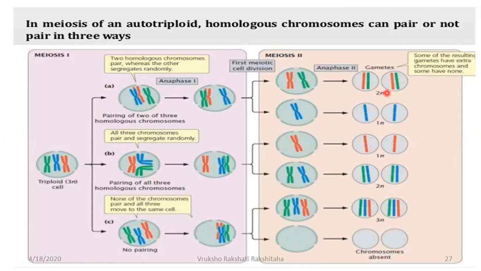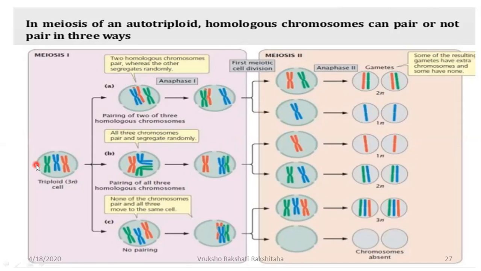That is, these resulting gametes are unreduced gametes. Whereas when this chromosome moves on to one daughter cell, this takes place normally. When it moves on to anaphase, each daughter cell will receive one chromosome each. So these are the normal gametes.